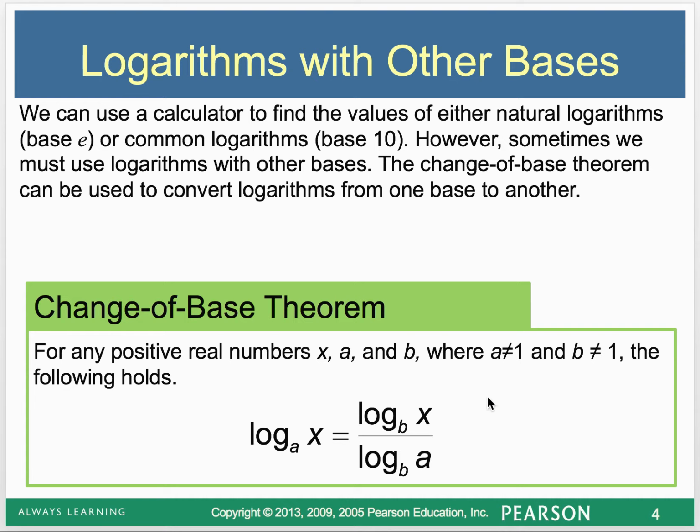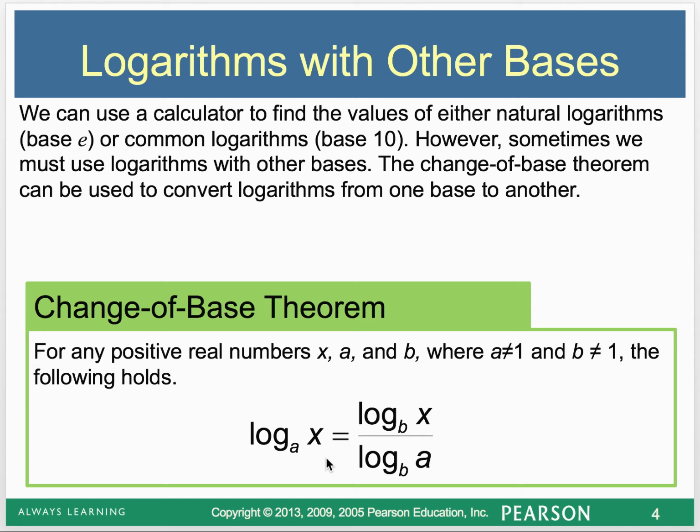It's a pretty easy formula to remember. We can change it to any base we want, right? I could change this to a base 4,000. Wouldn't help me because I still couldn't solve it. So I'm either going to change it to a base 10 or a base E. Personally, I always change it to a base E, literally, because that's how lazy I am. I can write LN instead of LOG, right?